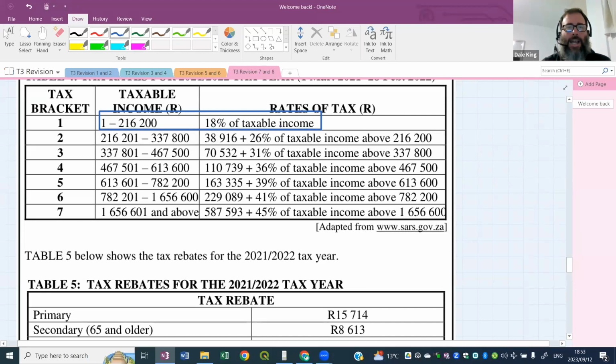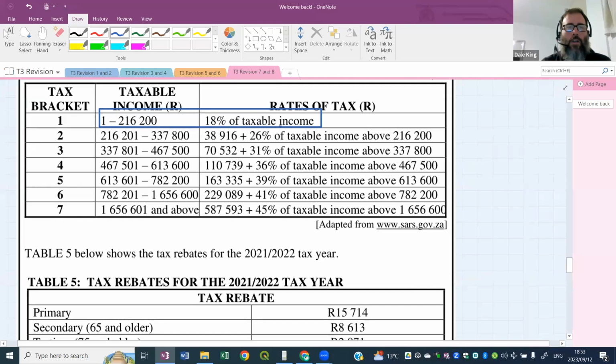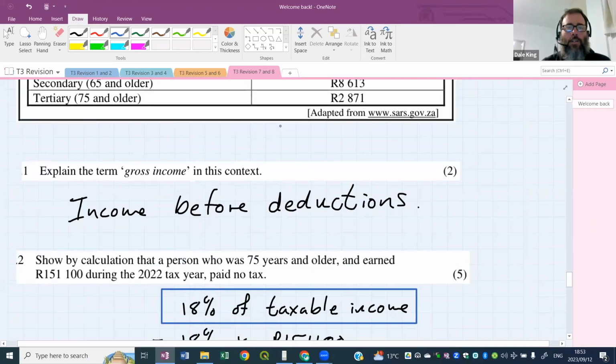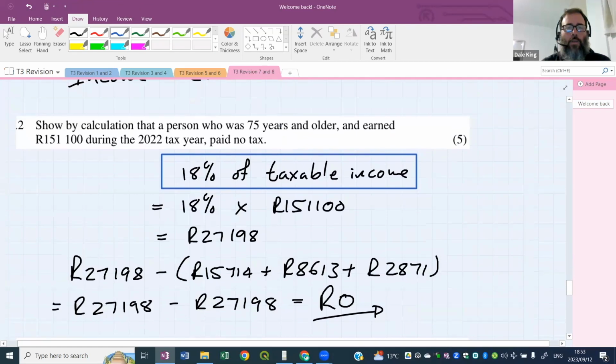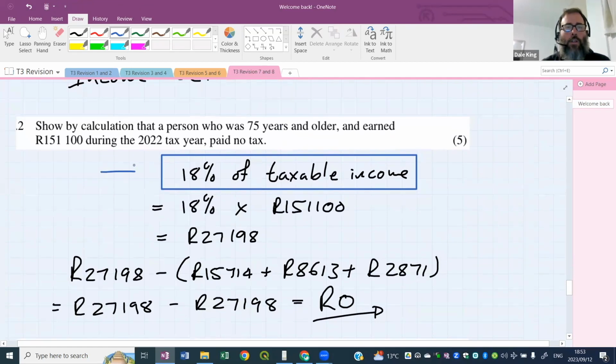That's why we use that line, because this person is below 216,000 Rand. This is the taxable income, 151,100. So we say 18% of that, and that gives us 27,198. That's how much tax this person should pay. But SARS is very generous.